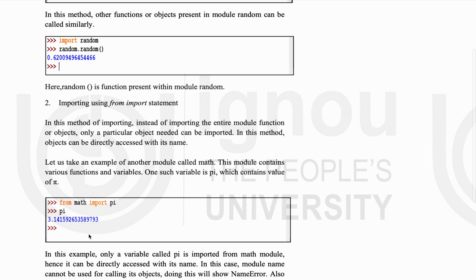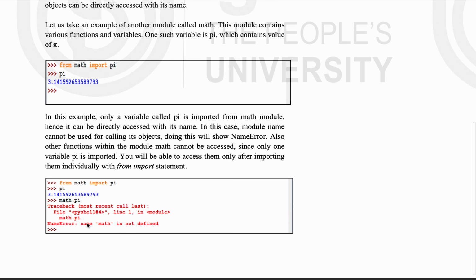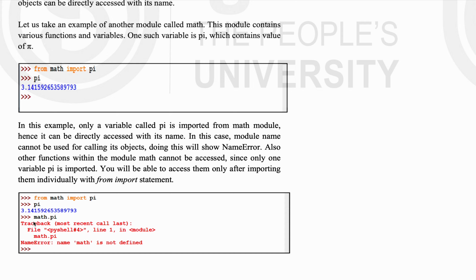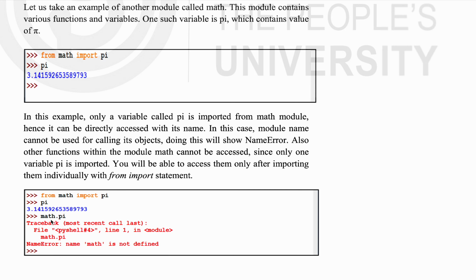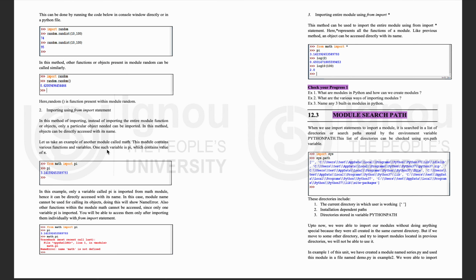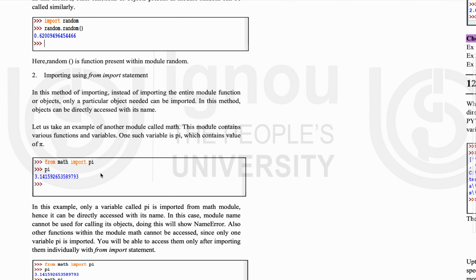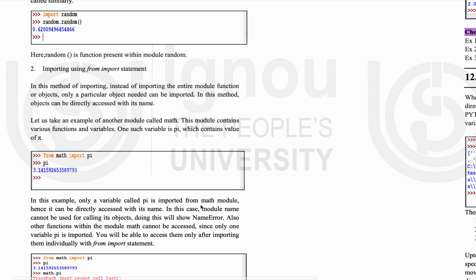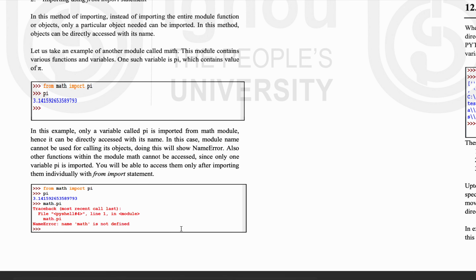So pi को आप प्रिंट करेंगे तो ये होगा, ठीक है. यहाँ पे क्या हो रहा है, math dot pi नहीं करना है, बस pi करना है. In this example only the variable called pi is imported from the module. Hence it can be directly accessed with the same name. In this case module name cannot be used.